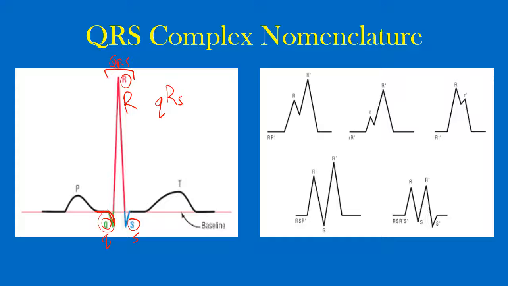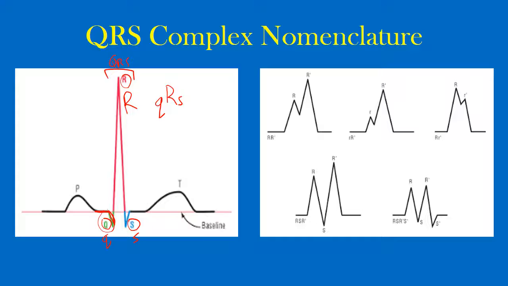Okay, so you can also have some changes in the QRS complex that can affect how its components are named. Look at the image here on the right. First, note that there are no Q waves in any of the 5. This is because a Q wave is defined as the first negative deflection after the P wave. And each deflection in the image starts off with a positive deflection, which represents an R wave.